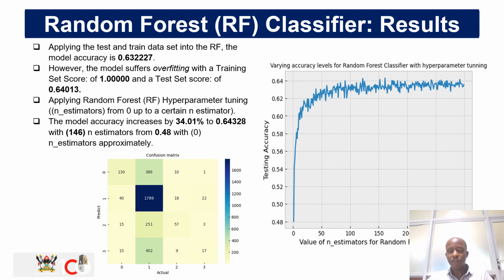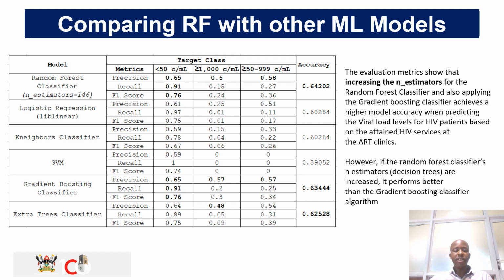While looking at the graph, you see that the graph keeps on fluctuating as the number of estimators increases, but the maximum number of estimators, which yields a high accuracy, is 146, which gives a maximum accuracy of 0.64328.